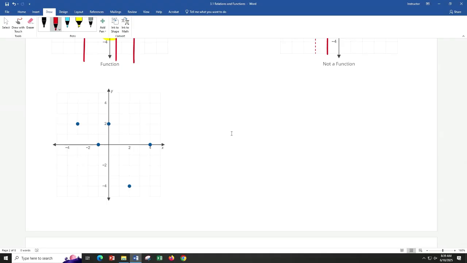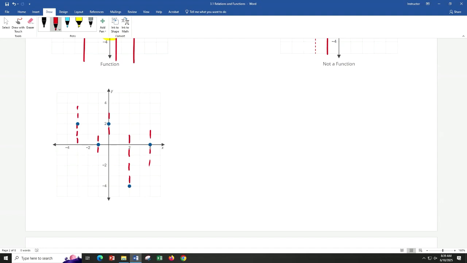Well, I think you're used to hearing the word function, seeing lines. It can be dots as well. Okay? Notice no matter what in here, no matter where I put a line, no x value happens twice.